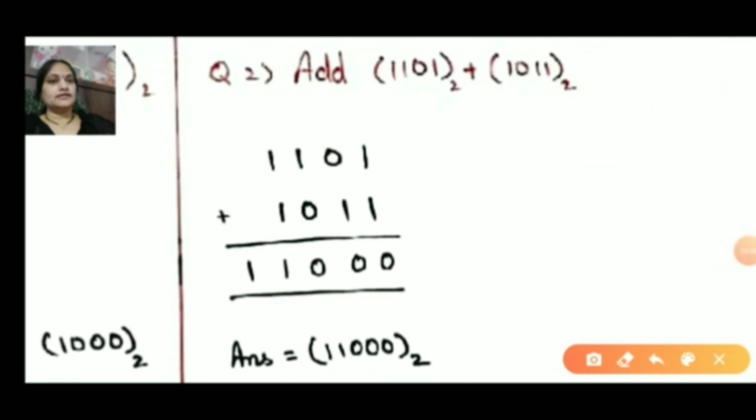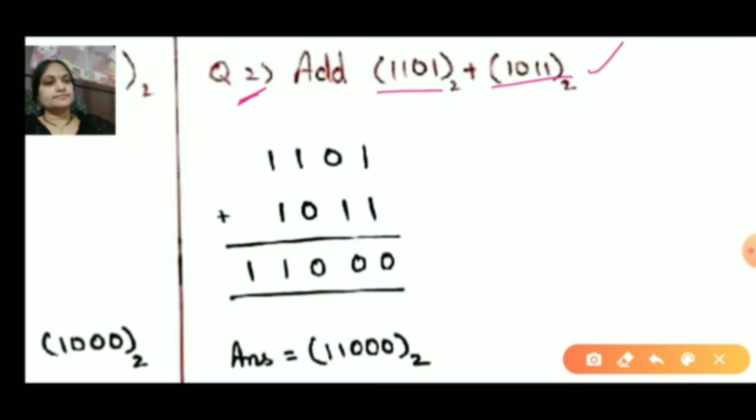Here is the second problem. That is, we have to add this number with this number. So before going to solve this problem, we should remember the two things.